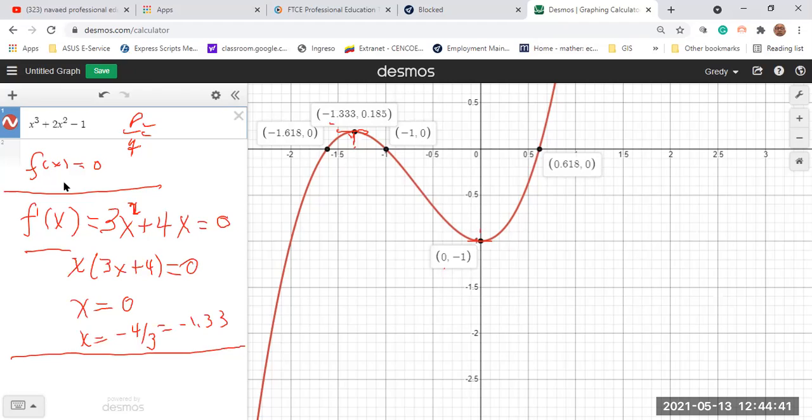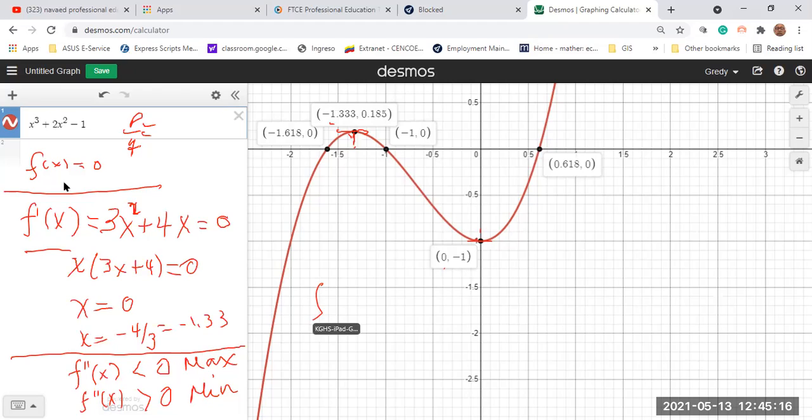Now here comes the rule. The second derivative evaluated at the critical value x, like this one, 0: if it is negative, it's a maximum; if the second derivative is positive, it's a minimum. Let's check this value.